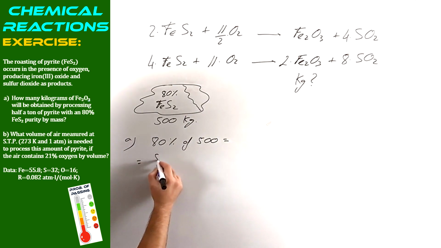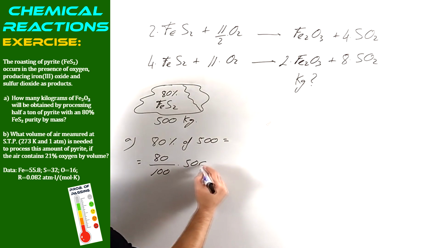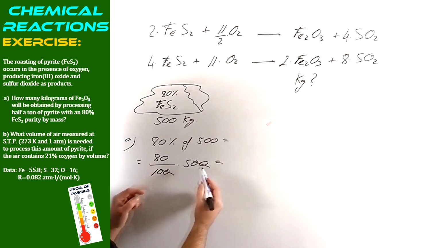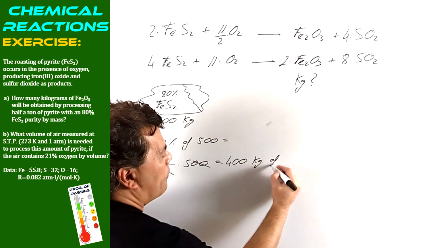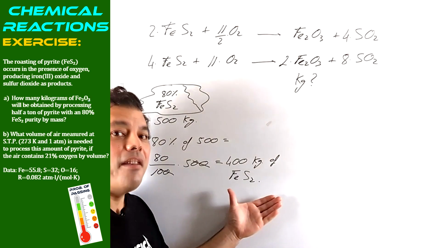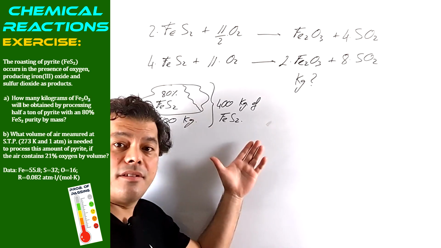That is 80 divided by 100, multiplying 500. And here we have 8 times 5, 400 kilograms of FeS₂. And now it's time to bring our conversion factors. So let's do it.